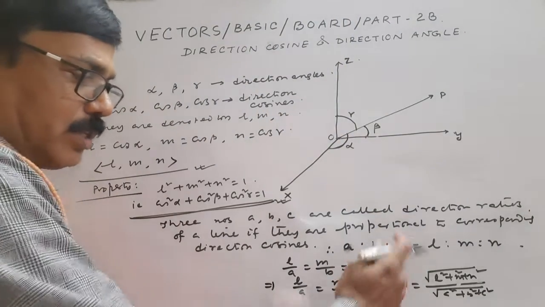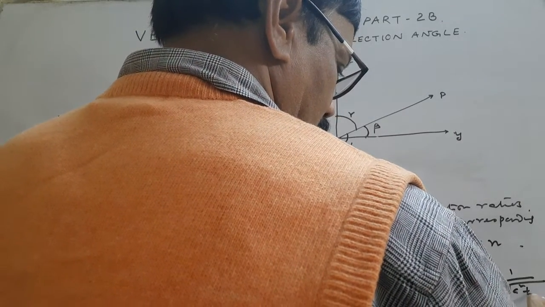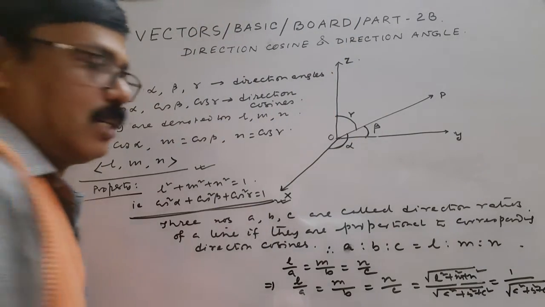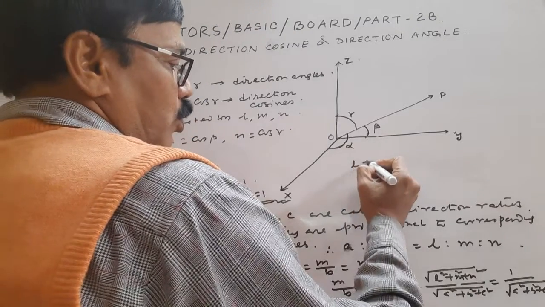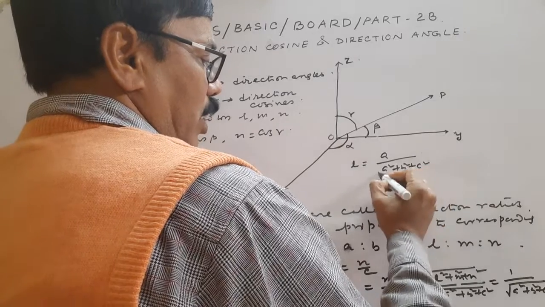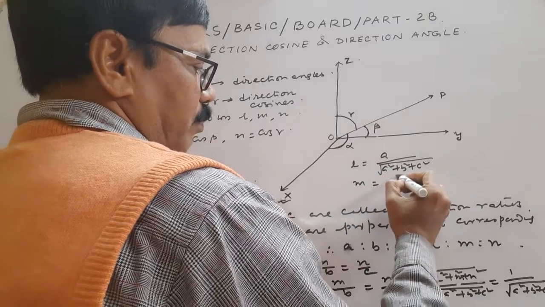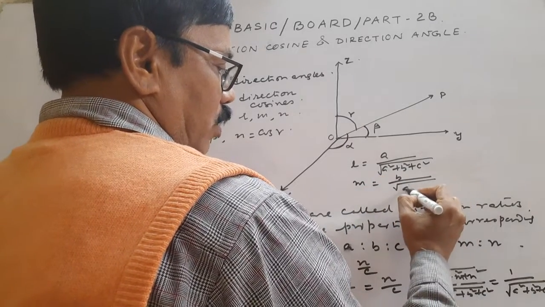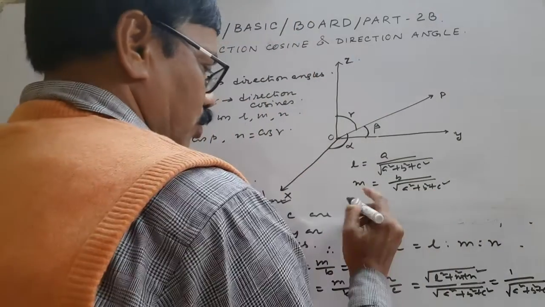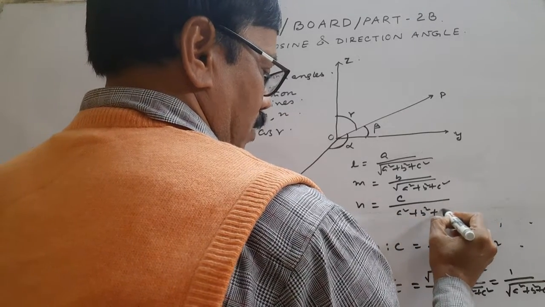Now these elements represent direction cosines, so the numerator is 1. So we get L equals A by root of A square plus B square plus C square, M equals B by root of A square plus B square plus C square, and N equals C by root of A square plus B square plus C square.